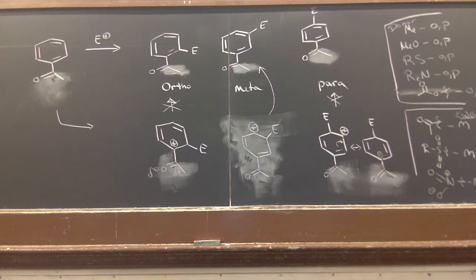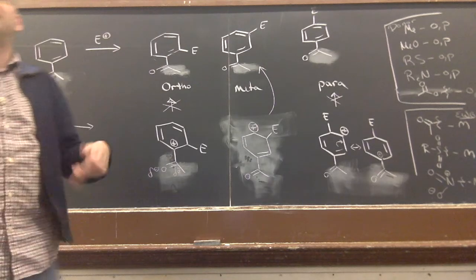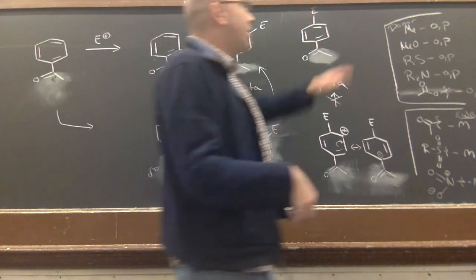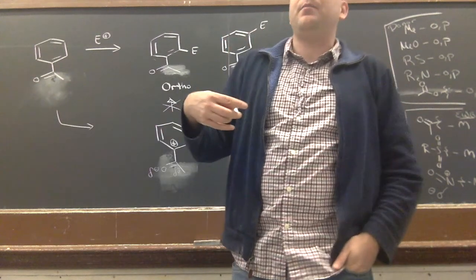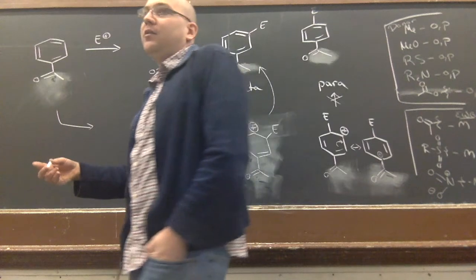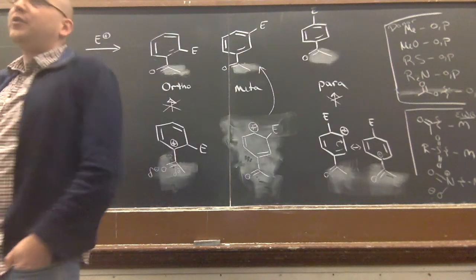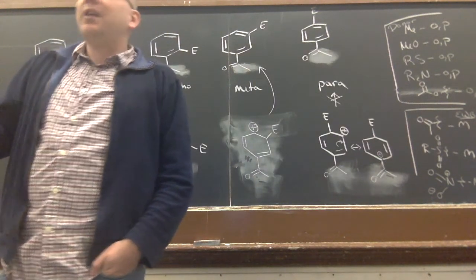And so things that make benzene a better nucleophile will accelerate the rate of the reaction, and things that make it a weaker nucleophile would have the opposite effect. So what would be the effect of having a donor group on the benzene? Is that going to make it a better nucleophile, or a weaker nucleophile? If you have a donor, it's going to make it a better nucleophile, right?